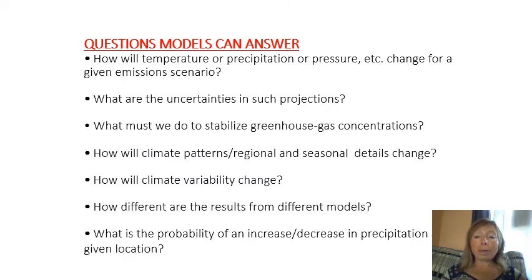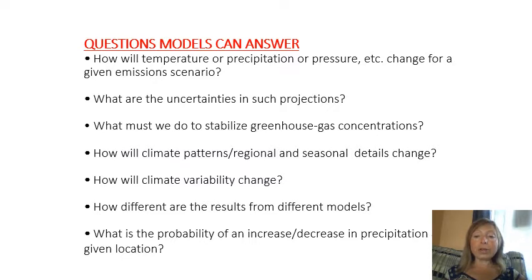However, climate models can be run not only into the future, we can also run them into the past and into the present. And this is how scientists can verify how reliable those models are, what their quality is in predicting future climatic conditions.